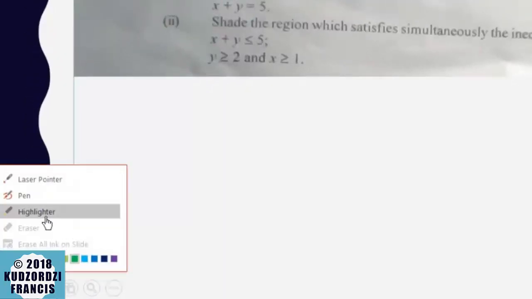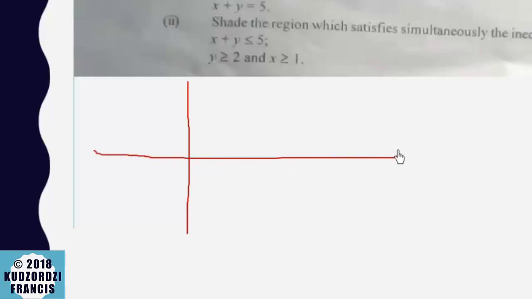The second part of the question says that we should draw on a graph paper using a scale of 2 cm on both axes. So we are drawing the following lines on the axis using a scale of 2 cm on both axes. So we have our axis over here.